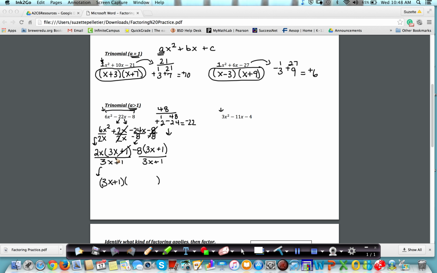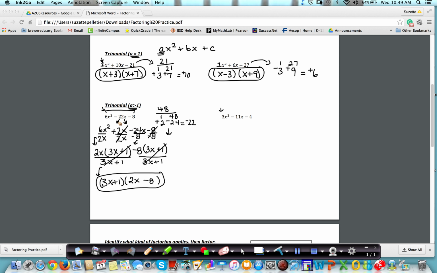So if I divided this out, what's left is 2x, that goes here. And if I divide this out, what's left is the negative 8, and it goes here. There are your 2 factors. If I FOIL this out, 6x squared minus 24x plus 2x minus 8. So in fact, we'll equal this trinomial.